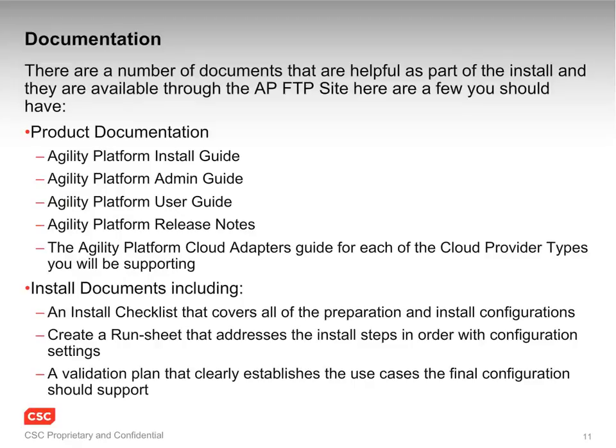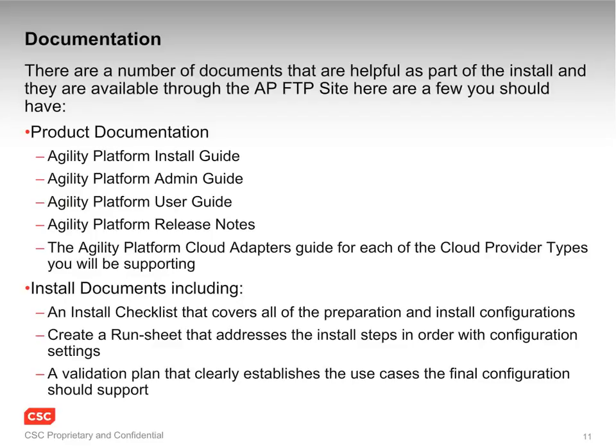Install documents would typically be created by you. An install checklist that covers the preparation and install configurations is good to have on hand. In addition to that, having a run sheet that addresses the install steps in a specific order, together with the configuration settings, is very useful.